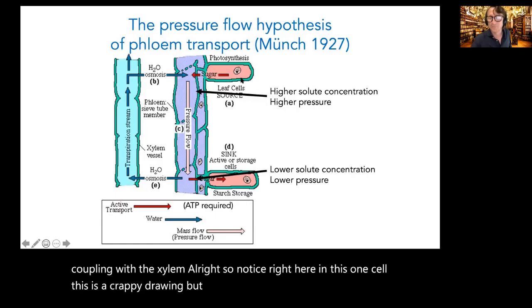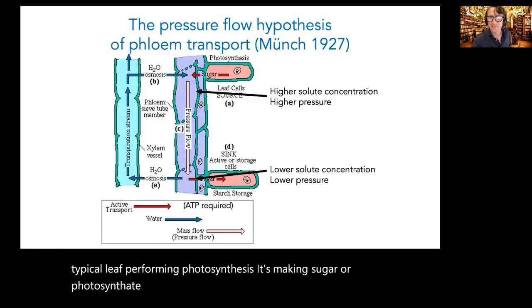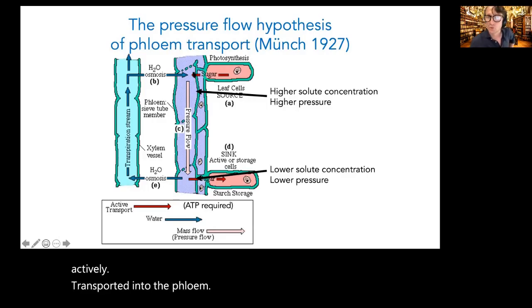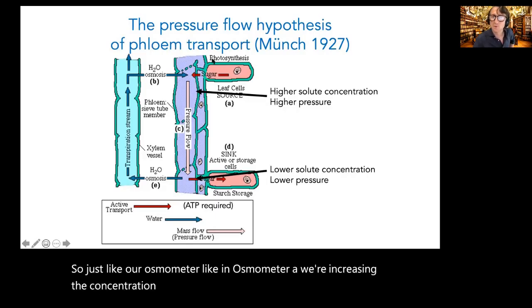All right, so notice right here in this one cell, this is a crappy drawing, but this is a leaf cell, okay? And so this is your typical leaf. It's performing photosynthesis. It's making sugar, or photosynthate, from photosynthesis. That sugar then is going to be actively transported into the phloem. So just like in our osmometer A, we're increasing the concentration of sugars within these phloem cells.